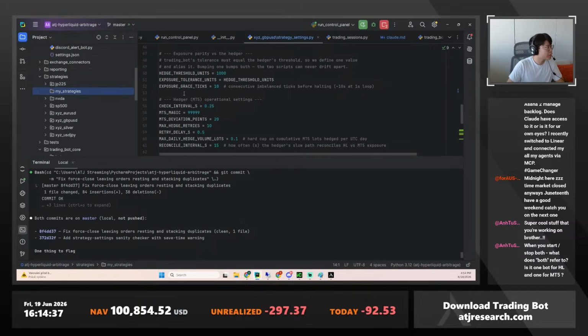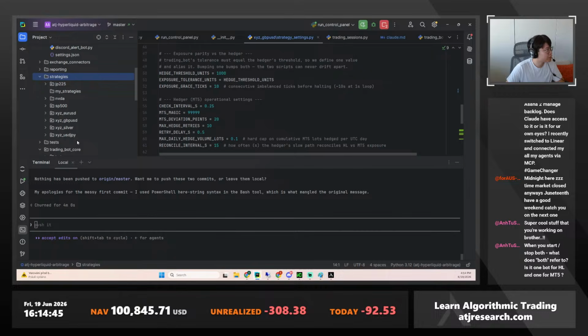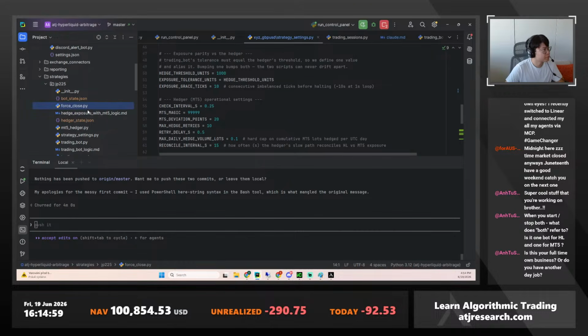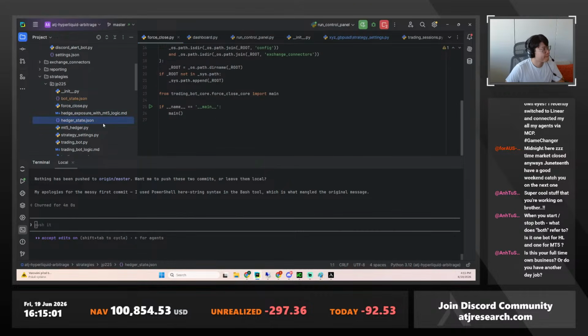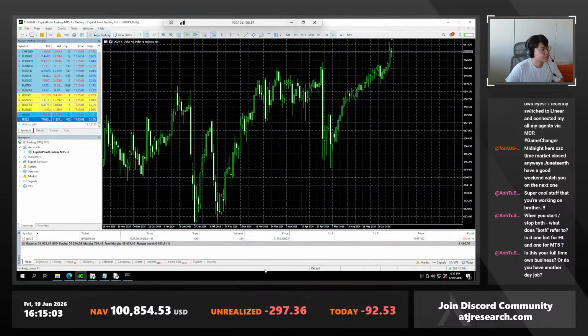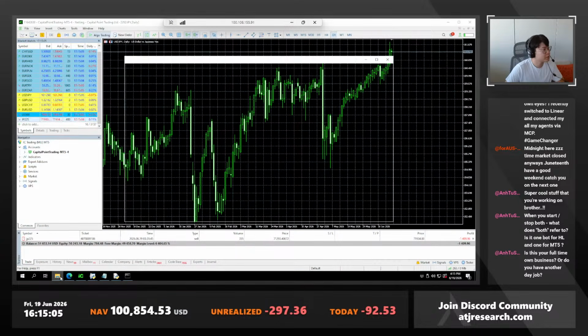Later I'm going to create a personal strategy folder and then sample strategies. But yeah, for now, the force close script has been fixed. So what I can try doing is go to JP225, copy the force close script, and hopefully that will then solve the issue.